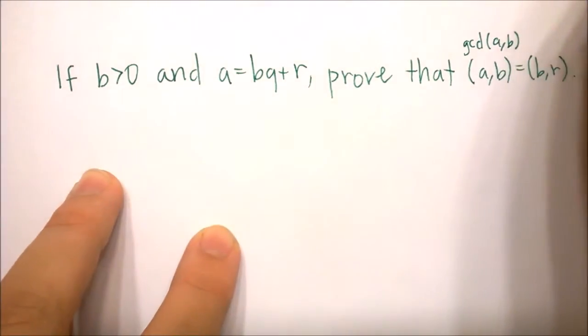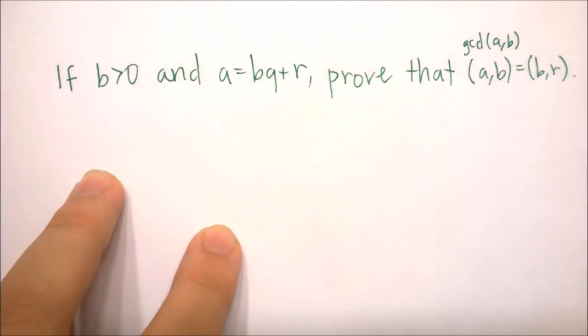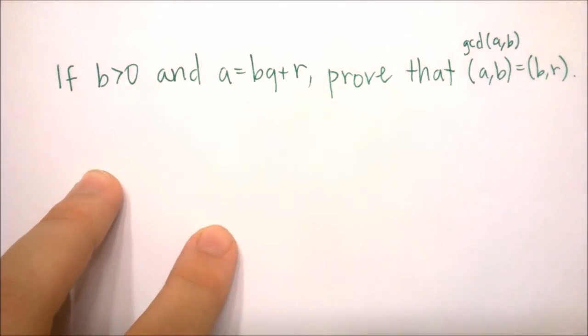So real quick, before I even start the actual proof, I just want to note that already in my head I know the road I'm going to be going down for this proof.